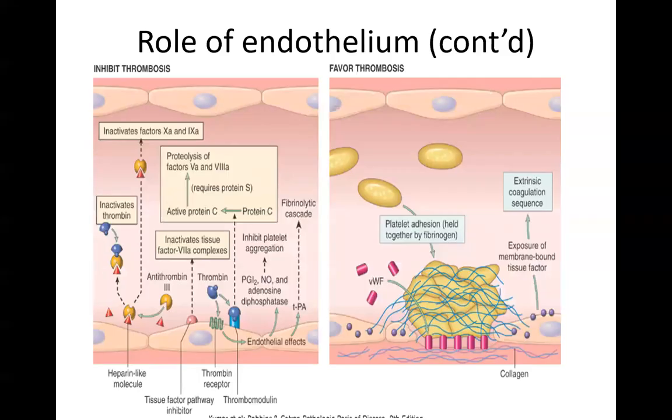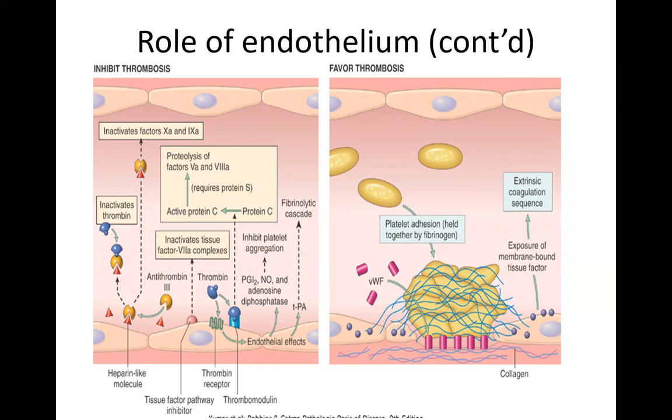After that, this is the first constituent. The vessel wall itself is the first constituent in the primary hemostasis. Now, the vessel wall has two roles. Number one, normally, all these factors that you see here are there to prevent clotting of blood. We don't want the blood to clot normally when it is flowing inside the body, right?